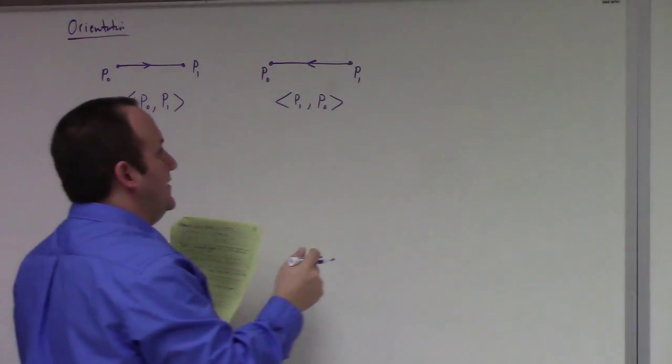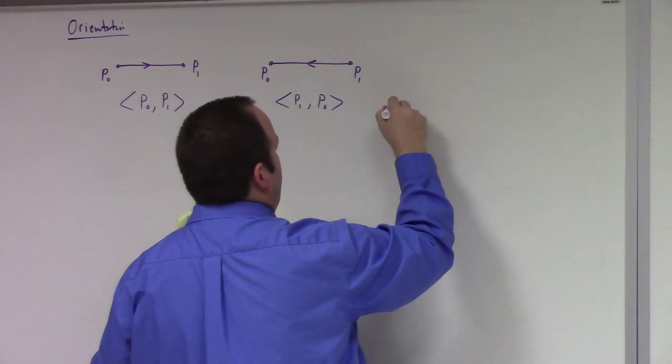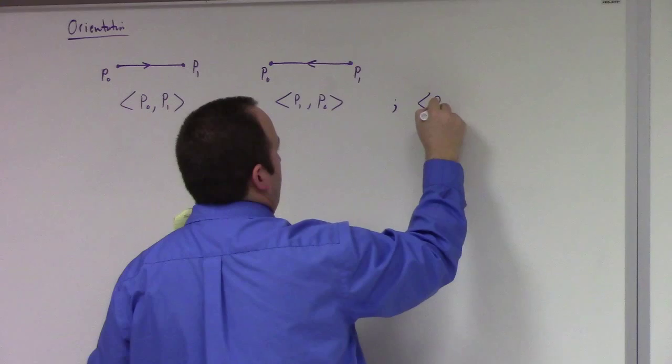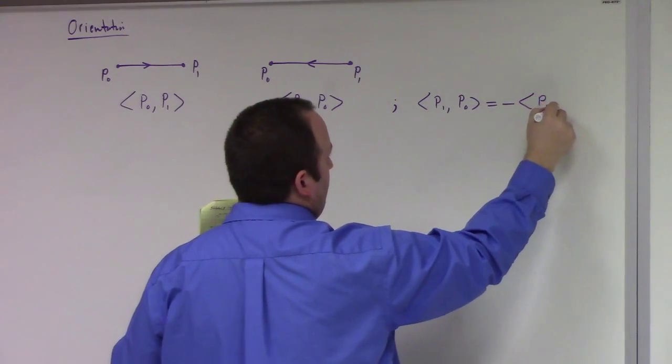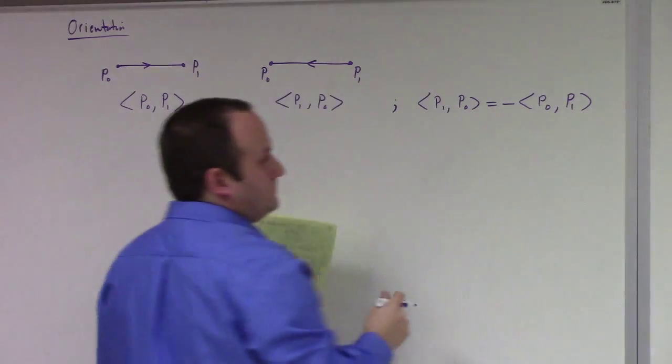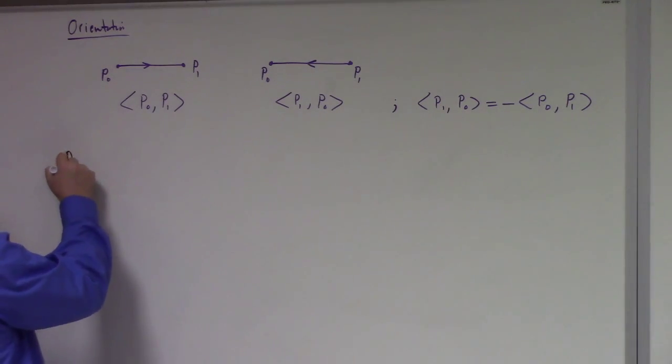And we're soon going to build algebra over these things. The simple convention is that P1, P0 is equal to minus P0, P1. Okay, so definition. An oriented simplex is simply a simplex where the set of generating points is assigned an order.